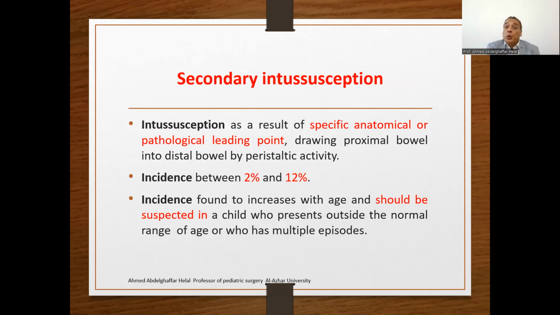Incidence is between 2 and 12% of all cases. Incidence is found to increase with age, and it should be suspected in a child who presents outside the normal range of age for intussusception or a child who has multiple episodes. This is the secondary type of intussusception.